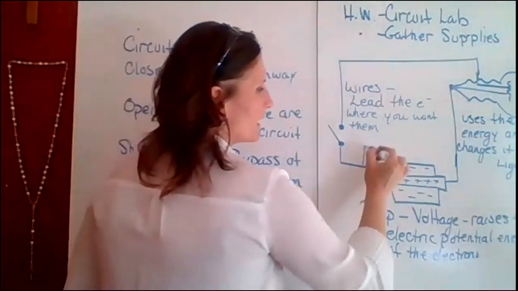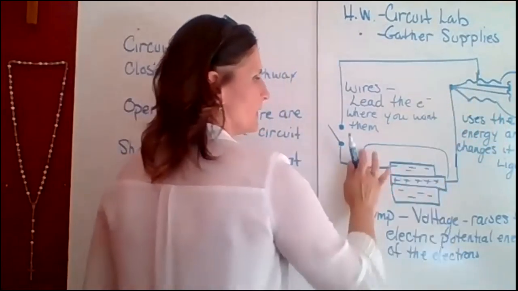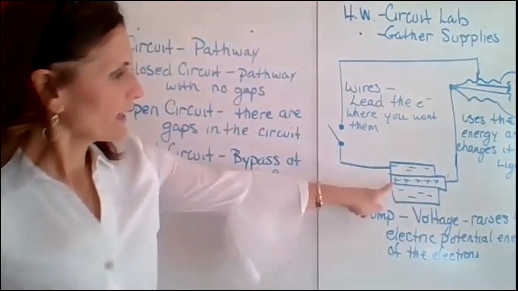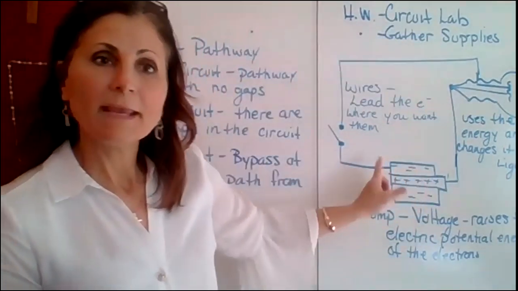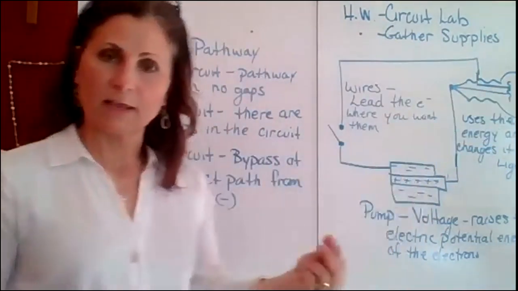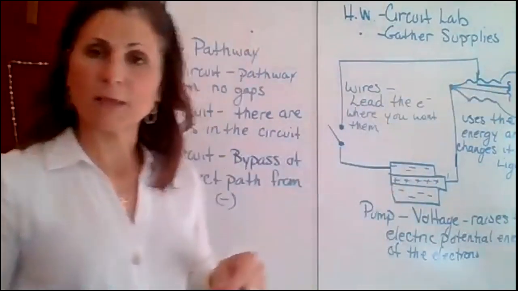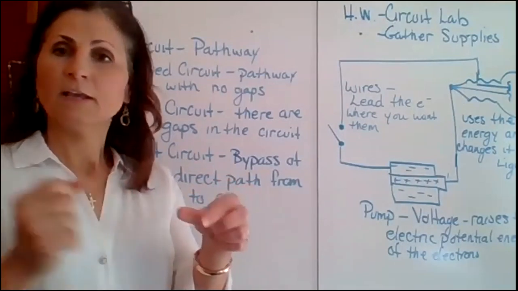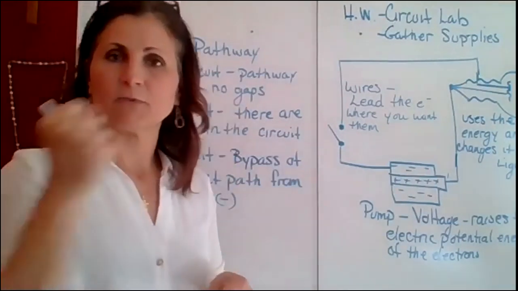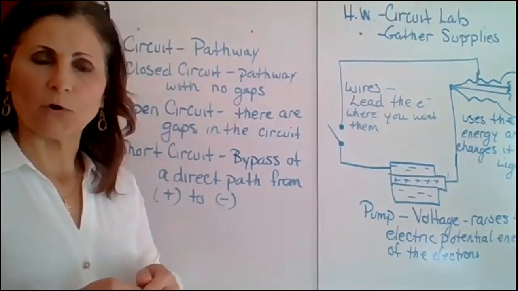You just connect the positive and negative without the electrons having to do any work. So when the electrons come out and go through here, they want to get over there, but by making them go a certain path, we're using that energy. If I connect directly positive and negative, without going through that battery or that light bulb, they're going to fly because you're giving them a free pass to get to where they want to go without having to do any work.